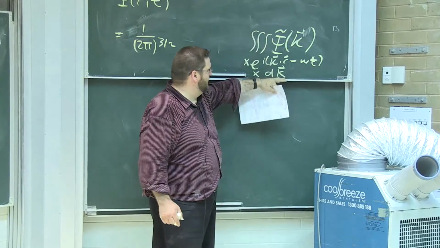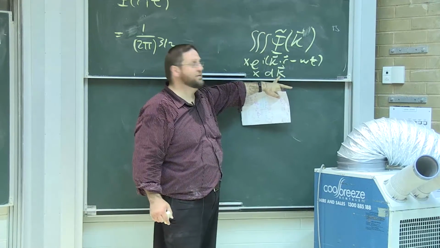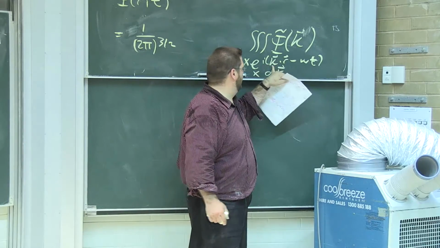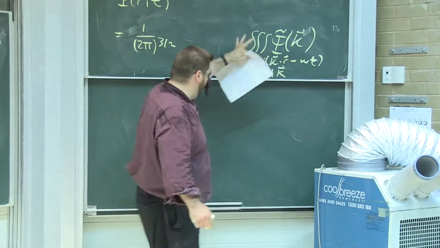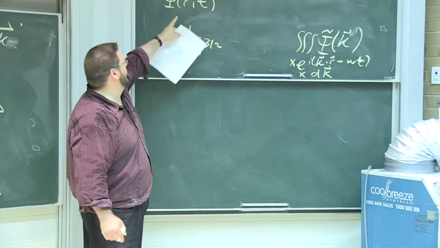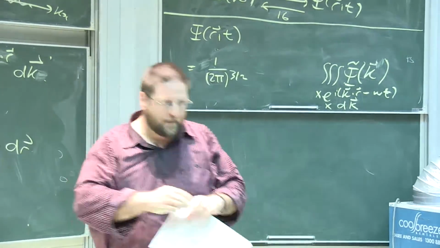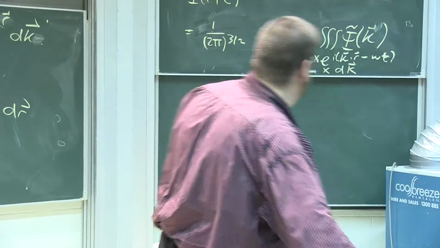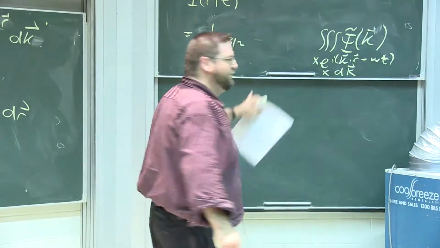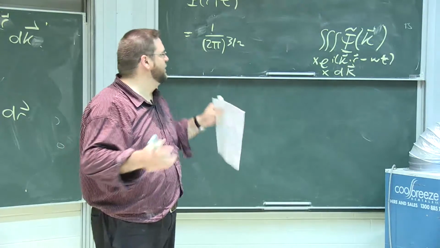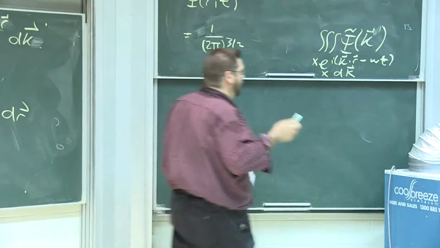So this object here is certainly not a function of k, because that's been integrated over. So this k and this k and this k are integrated over, and that's reflected in the fact that there's no k on the left-hand side. The point here is that k is a dummy variable. So I could call it whatever I want. I could call it the vector k, I could call it the vector w, I could call it the vector Albert Einstein.